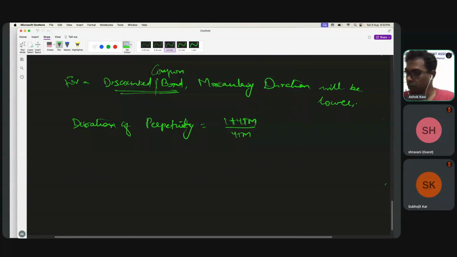I did not see any sum based on this, but you just remember that this is the formula for duration of perpetuity.